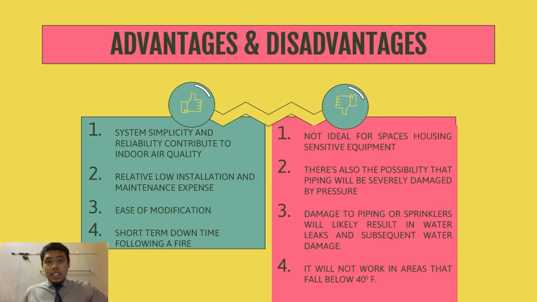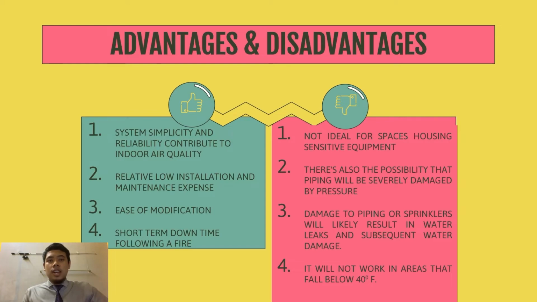The advantages of using a wet pipe sprinkler system. The first one is simplicity and reliability. Wet pipe sprinkler systems contain the fewest components and, as a result, the fewest things that can fail.